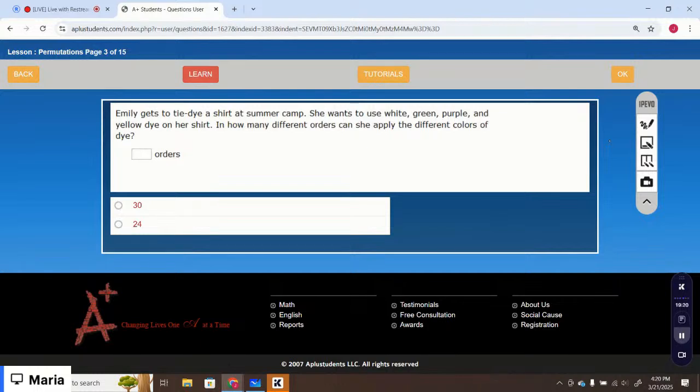Emily gets to tie-dye a shirt at summer camp. She wants to choose white, green, purple, and yellow dye on her shirt. In how many different orders can she apply the different colors of dye? So which is the correct option?